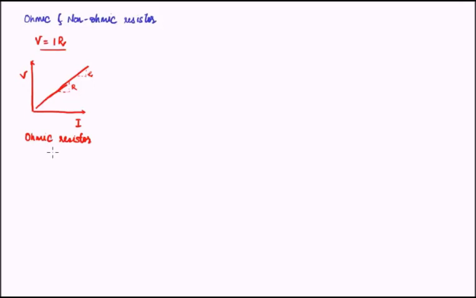Now since the ohmic resistor follows this linear relationship, it is quite obvious that the non-ohmic resistor will not follow Ohm's law, right? So if we were to draw the VI characteristic of a non-ohmic resistor, it would deviate from the linearity.